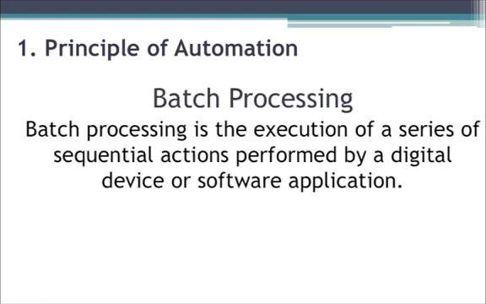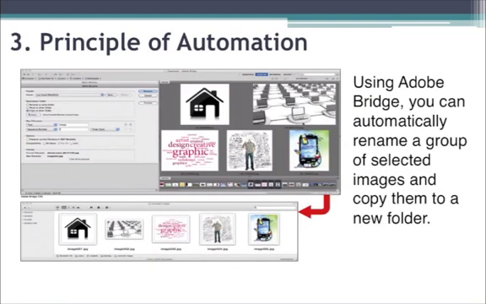The term batch processing means the execution of a series of sequential actions performed by a digital device or software application. The example of this that I give you in Chapter 1 is in Figure 121 on page 30. In this example, I have a collection of 5 digital photographs that I want to incorporate into an online photo gallery.